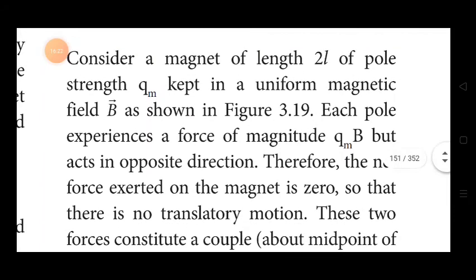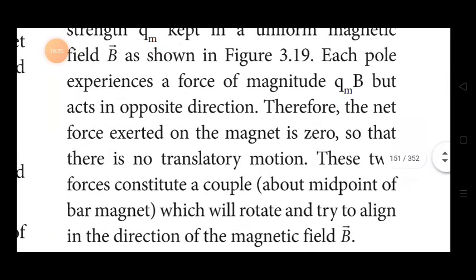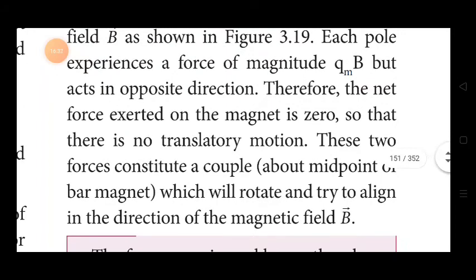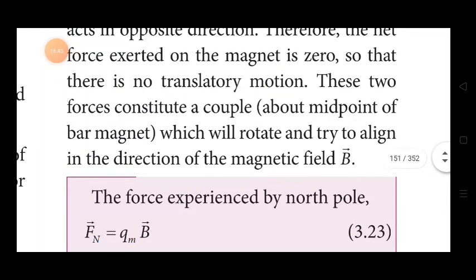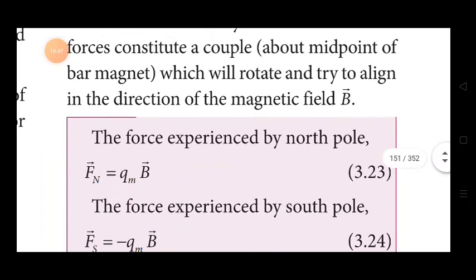Each pole experiences a force of magnitude QmB but acting in opposite directions. Therefore, the net force exerted on the magnet is 0, so there is no translatory motion. These two forces constitute a couple about the midpoint of the bar magnet, which will rotate and try to align in the direction of the magnetic field B vector.